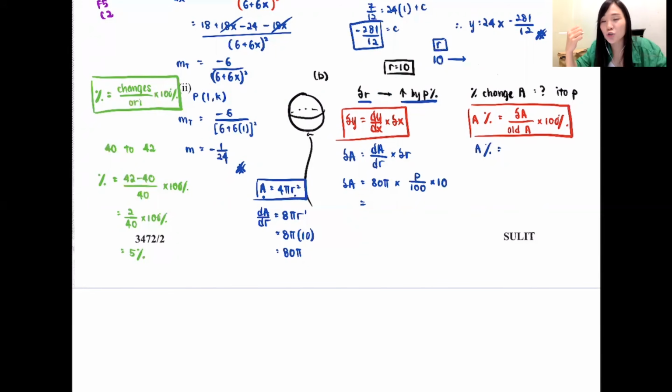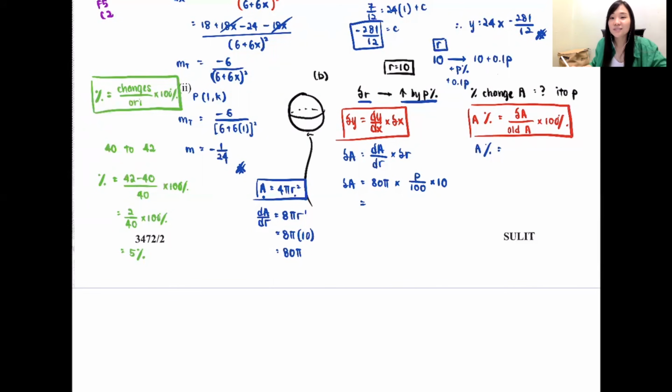Same as just now with the 3%, which was based on the original radius, now you are P% based on the original radius. So P% of the original radius is P over 100 times 10. It's actually 0.1P. So 10 plus 0.1P, that means the new R will be 10 plus 0.1P.